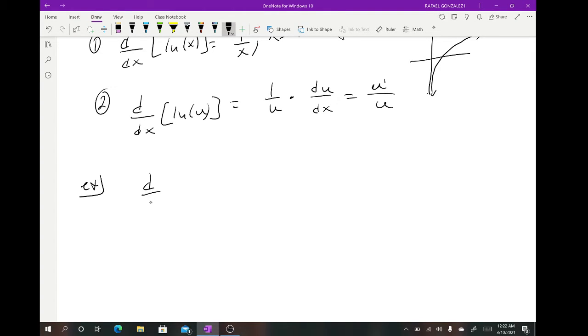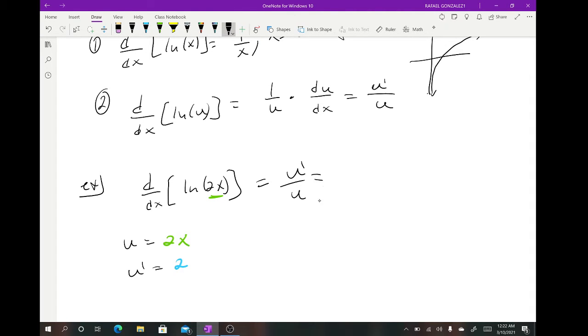Let's say somebody told you to find the derivative with respect to x of ln of 2x. Well, by our rule, that derivative should be u prime over u. What is u? u is the inner function, 2x, which means that u prime, the derivative of 2x, is simply 2.